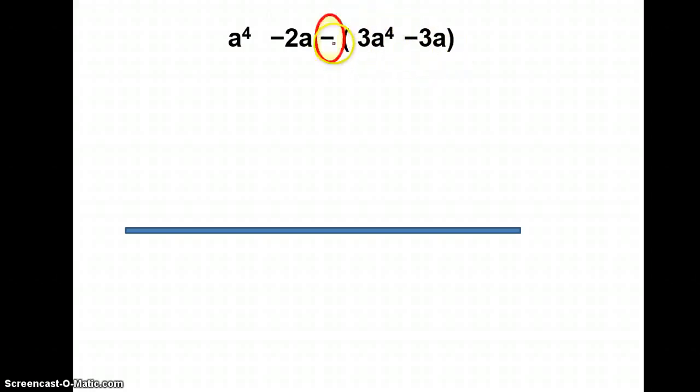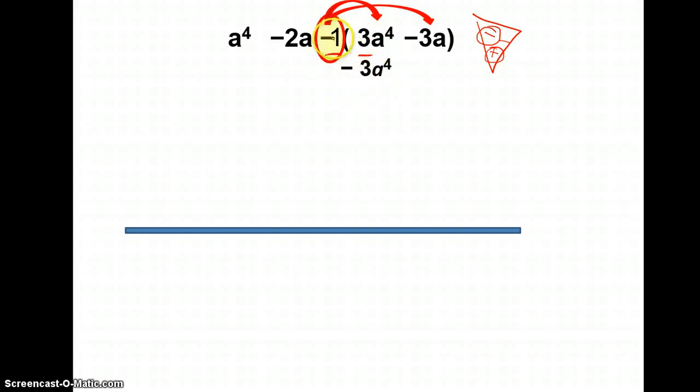Let's try that. So -1 times 3. You don't have to do this for every single one, but I'm just going to do these for the first couple. So I have a -1 times a positive 3. What's not circled? You guessed it, that negative, so that's 1 times 3. It's going to be a -3a to the 4th.